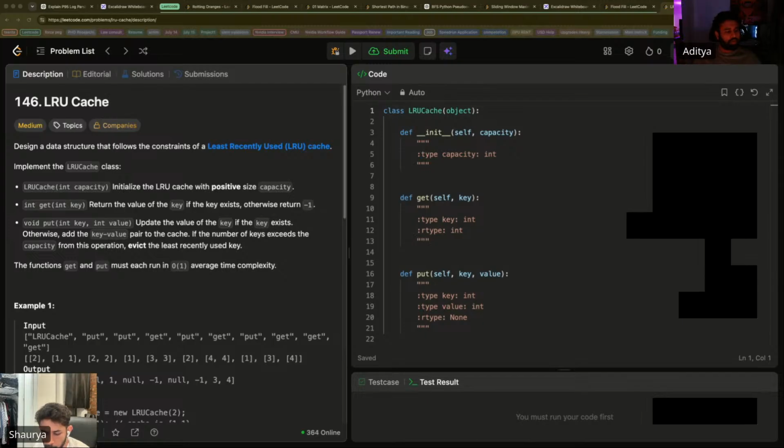Cache is 1 equal to 1. Put 2 comma 2, cache is 1 equal to 1, 2 equal to 2. Dot 1, 3. The LRU key was 2. Evict key. Okay.